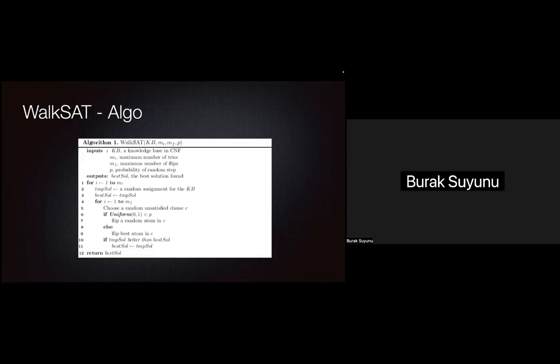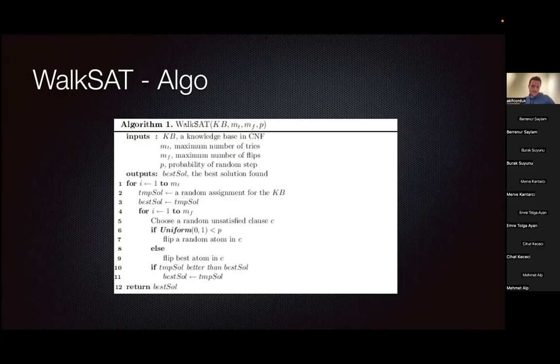Yeah, will you explain how we choose the best atom? So the best atom, or literal: we search for each literal in the clause and try to flip it, and see what happens to all the other clauses in the equation. Do we actually break some of them?